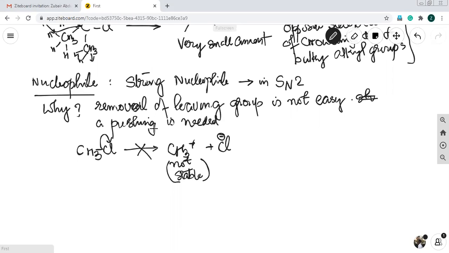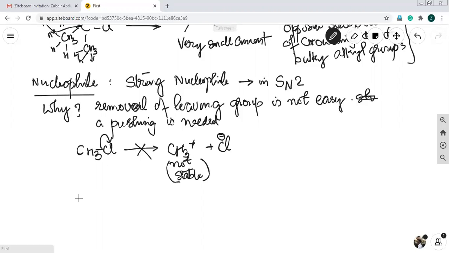And that is why the leaving group will not leave fast from primary alkyl halide, because the resulting carbocation is not stable.